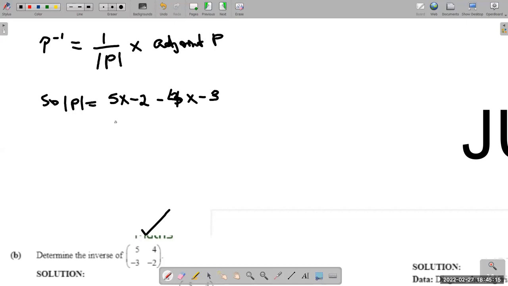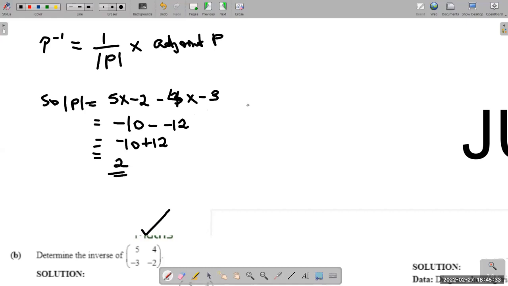Agreed? So this would be what? Negative 10 minus negative 12. So your answer is what, 2? So your answer is 2.